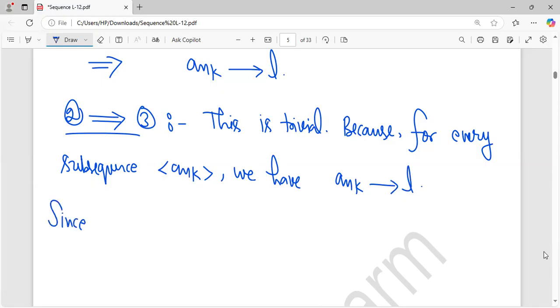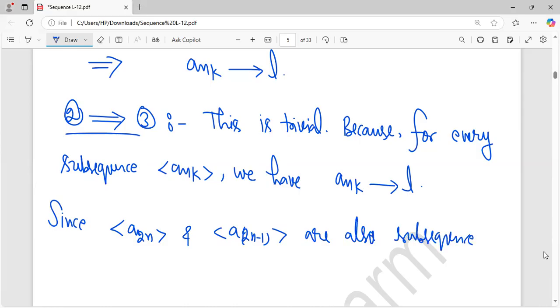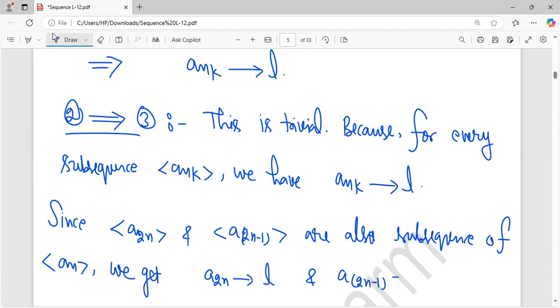Since a 2n and a 2n minus 1 are also subsequences of a n, we get a 2n converging to L and a 2n minus 1 converging to L. So this is the proof.